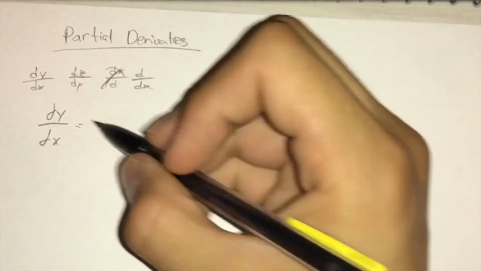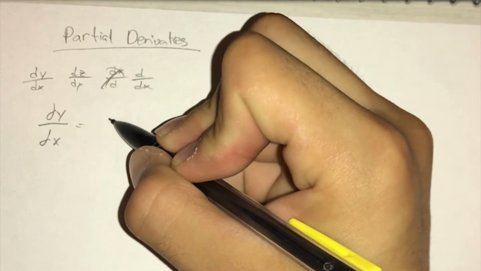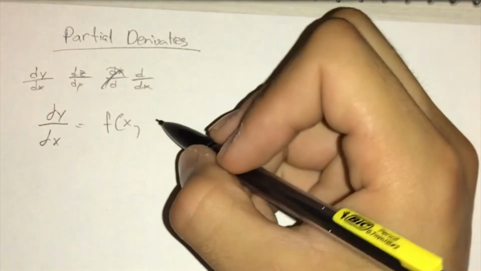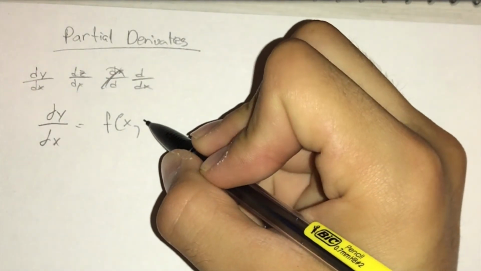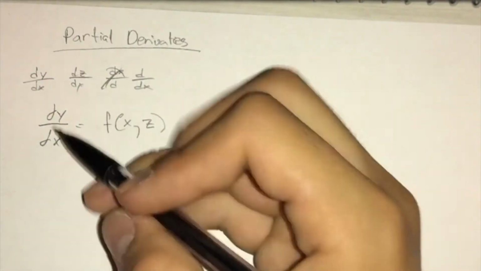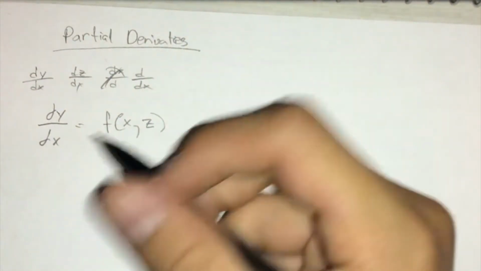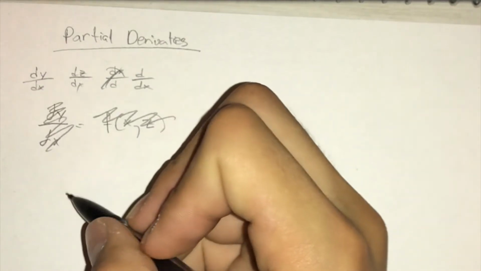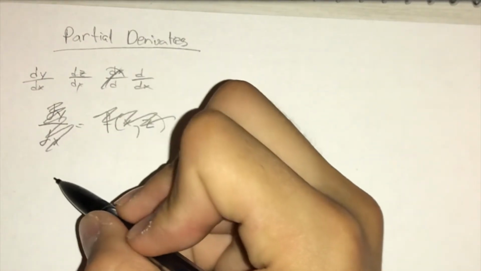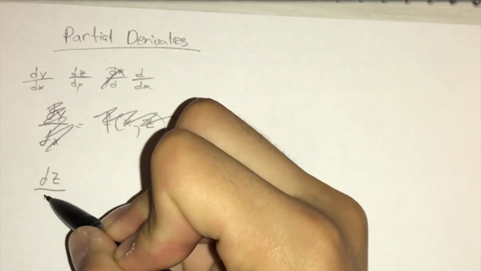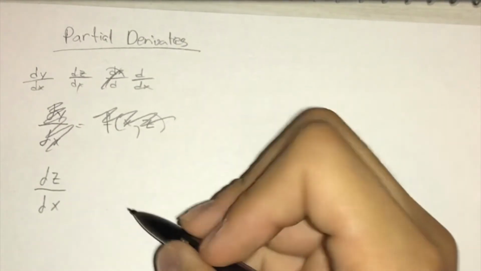Normally, what this will mean is we have f of x, and it could be, let's say, z, for example. I should have made it dz over, you know what, we'll do that instead. So we use dz a lot in Cal 3, so we're going to do dz for the partial derivative dx.